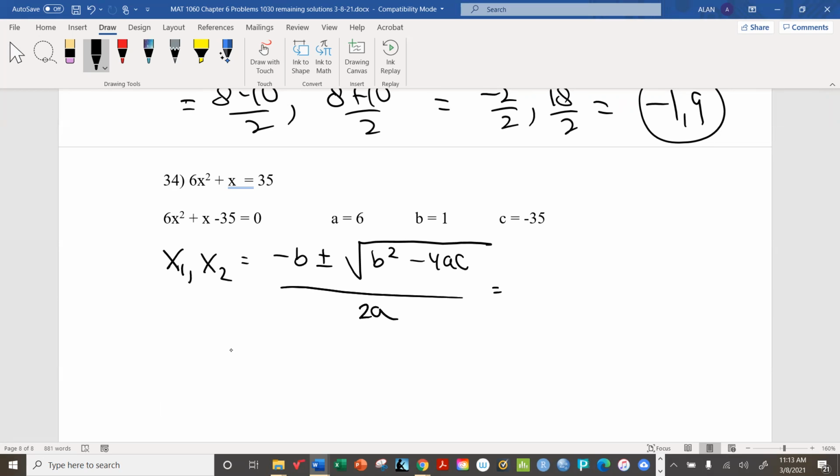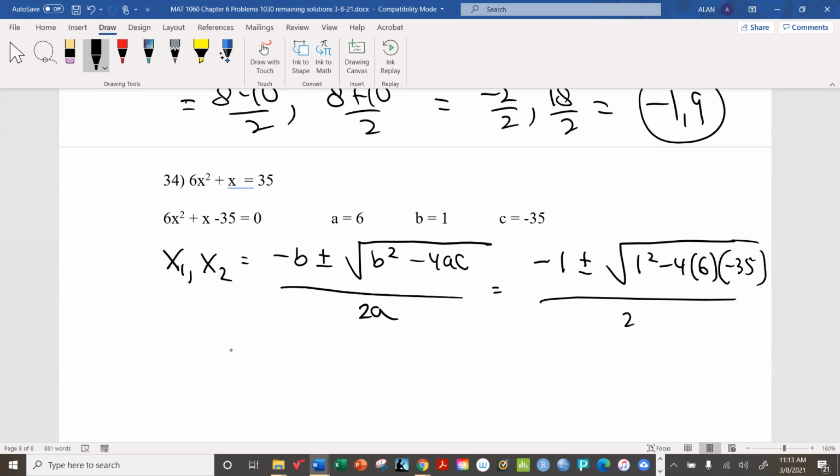Okay, minus B plus or minus the square root of B squared minus 4AC over 2A equals -1. 1 squared minus 4, 6. Ooh, this one looks pretty scary. We'll find out if it is or it isn't. So we have 1 now. -4 times 6 times -35 works out to be 840.